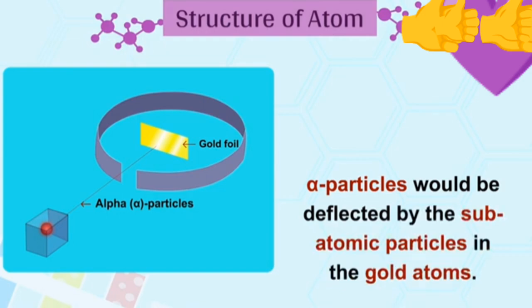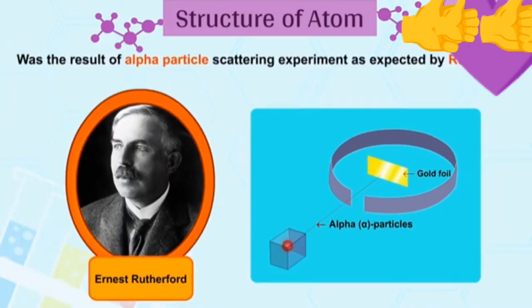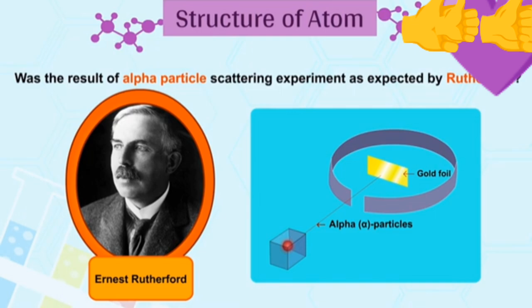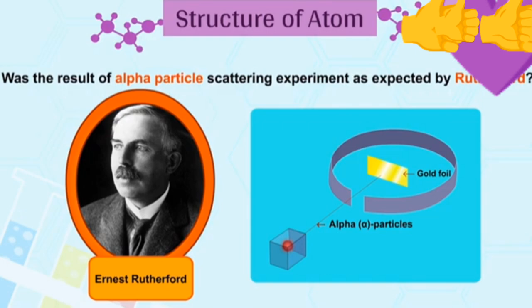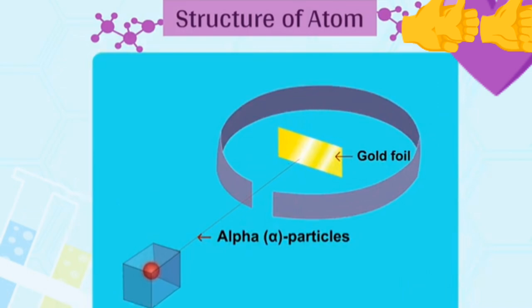Since the alpha particles were much heavier than the protons, he did not expect to see large deflections. Was the result of the alpha particle scattering experiment as expected by Rutherford? No. Rather, the alpha particle scattering experiment gave totally unexpected results.